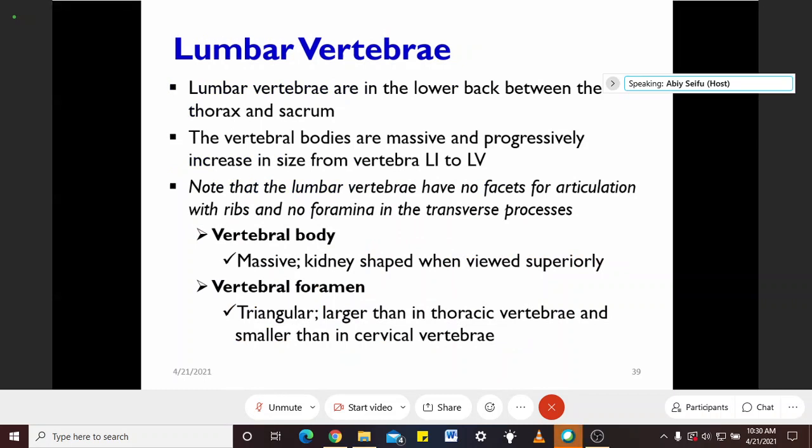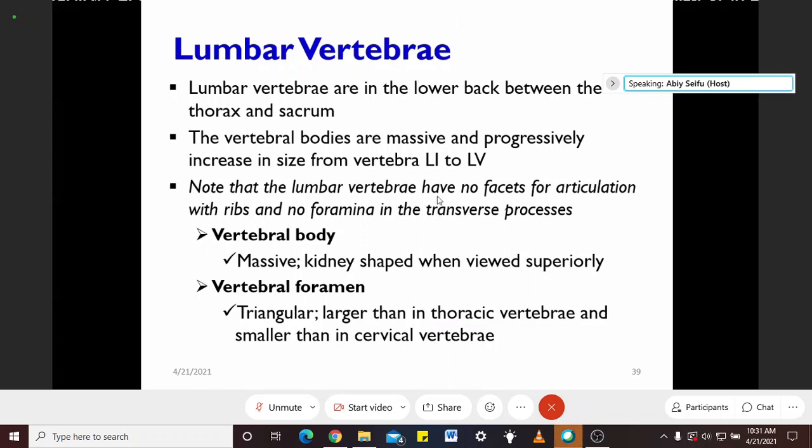Now let's continue to the lumbar vertebrae. Okay, the lumbar vertebrae form the skeleton of the lower back, and they are massive, especially L5, which is the largest vertebra found in our body.